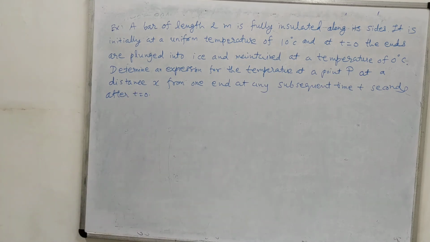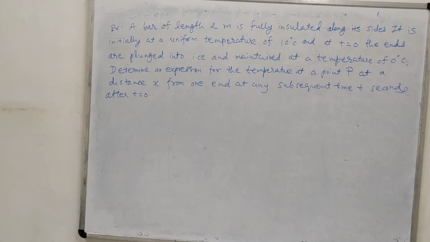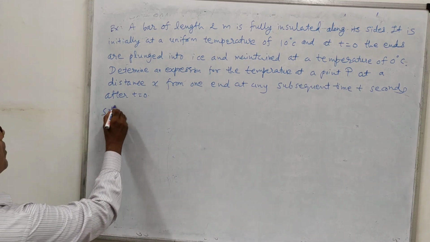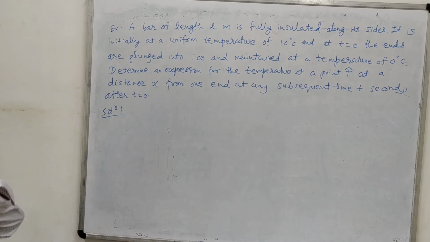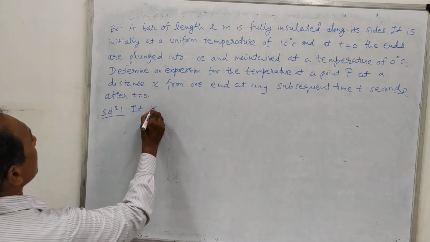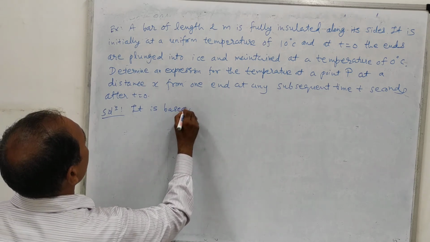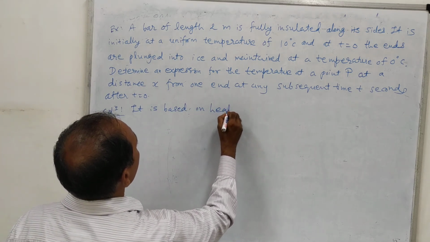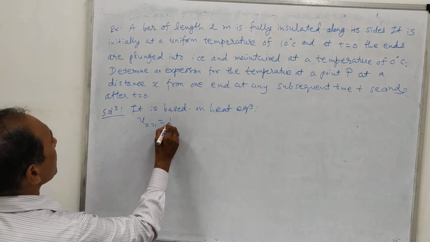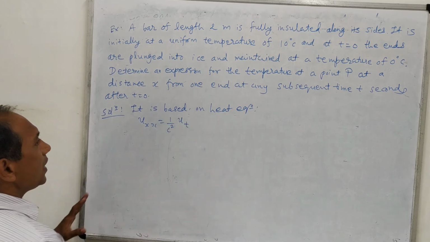So see here, friends, the statement of the problem is lengthy, but you don't bother about this. Once we identify that this problem is based on heat theory, it is based on the heat equation, so we write down the heat equation u_xx equal to 1 upon c square u_t.